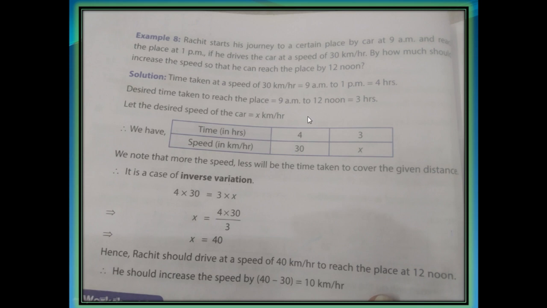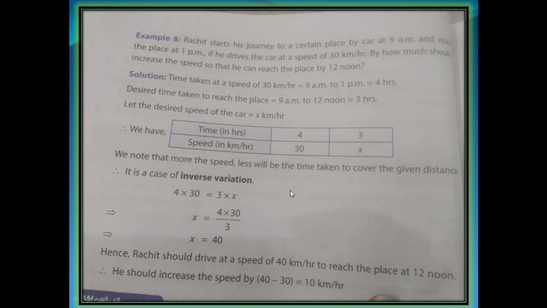The formula is 4 multiplied by 30 is equal to 3 multiplied by x. You will find the value of x by dividing this number by 3. When you divide it and reduce it into smallest form, you will get x is equal to 40 km per hour.